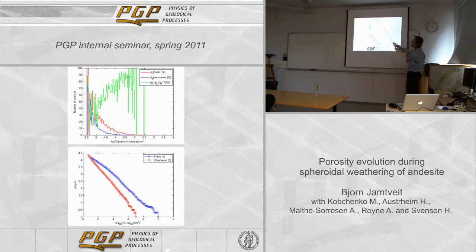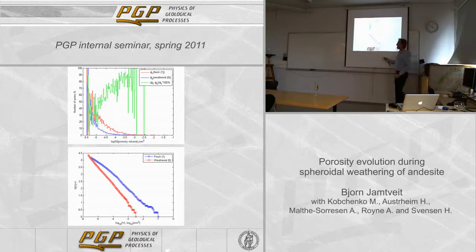So if you plot the difference here divided by the initial amount of pores, you will see that pores with a size typically on the order of 100 microns are completely filled during a weathering process. Smaller pores down to 10 microns are basically empty. So all the growth in the pores takes place in the big pores.